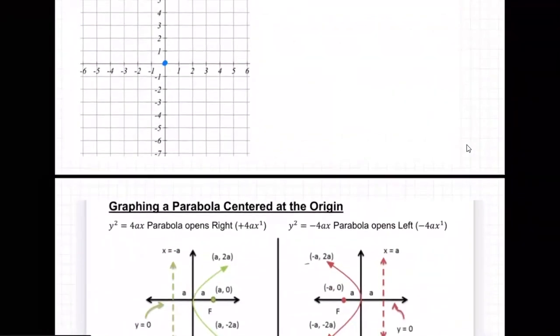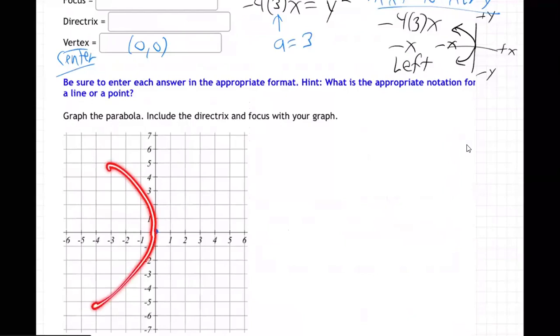Our branches are going this way, and what's our A? 3. So right there is our focus point, back 3, up 0. There's my focus. And my directrix is right back here at 3.